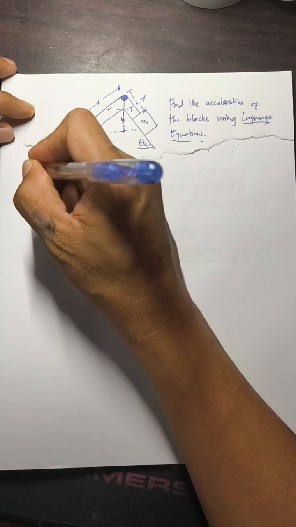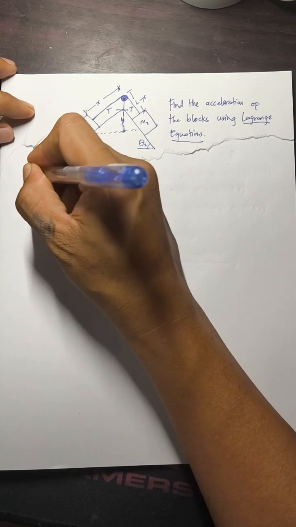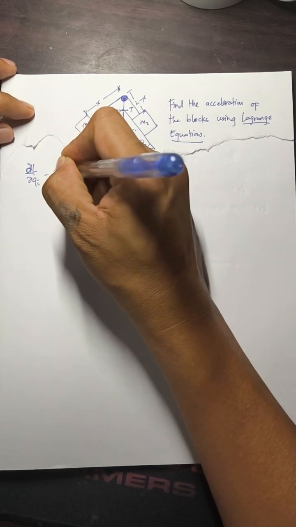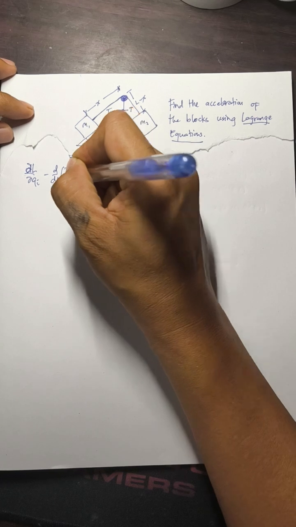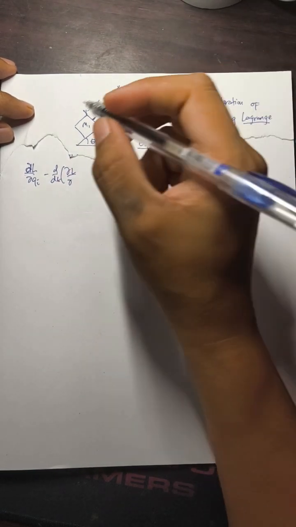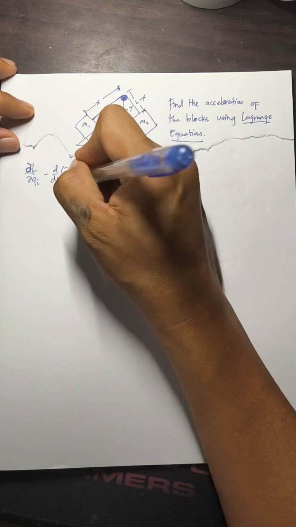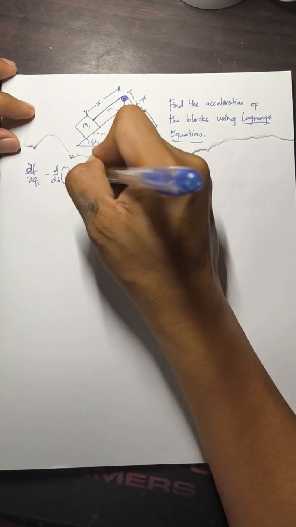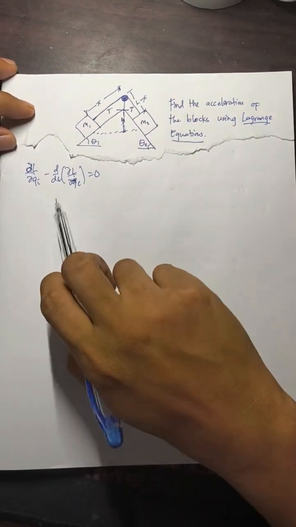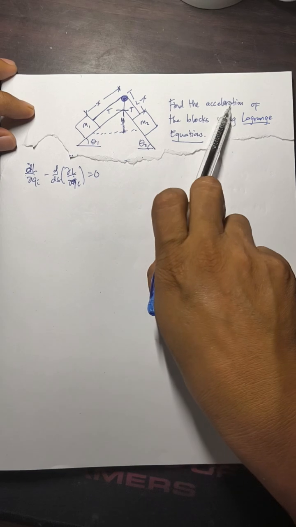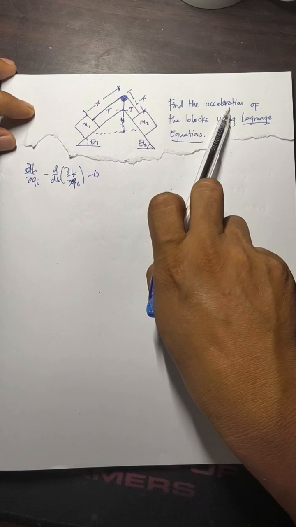You might be tempted to use this equation directly, partial L over partial q_i minus d over dt of partial L over partial q dot i equals 0. And although this is okay, yes, it will give us the acceleration correctly.